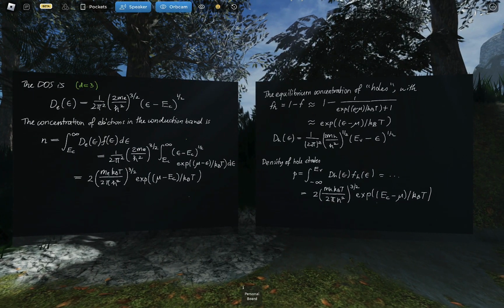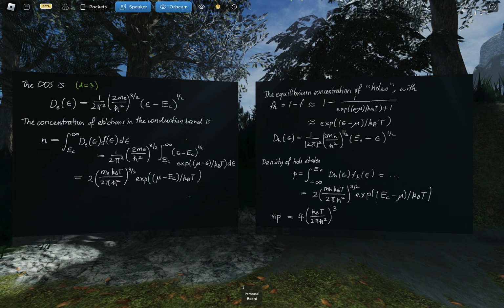Right, so basically the same kind of formula. So when I take n times p, the mu disappears. Right? So this is just some junk. I think maybe the fact that it's T cubed you care about, I forget.